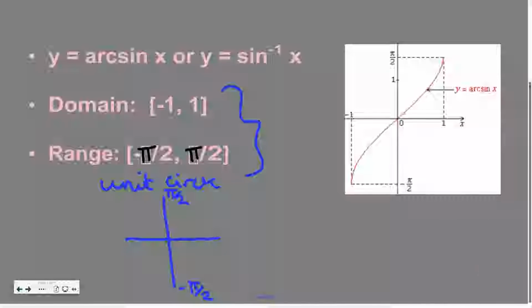So our outputs are going to come from the first and the fourth quadrant, but they have to be between negative pi over 2 and positive pi over 2. So any angles that we grab are going to be acute, either positive or negative. What do I mean by that?